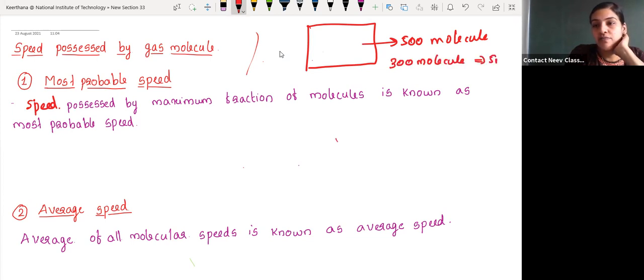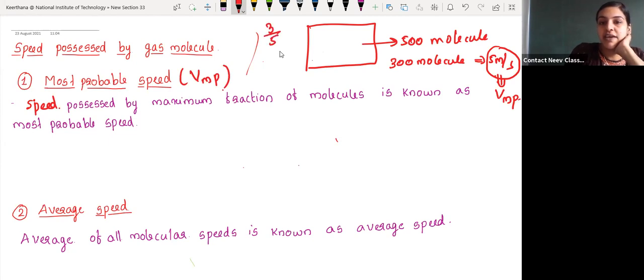Just take it as 5 meter per second. Then this 5 meter per second, we call this the most probable velocity or most probable speed. We'll denote this as VMP. Which means a fraction 3/5 of molecules have a velocity of 5 meter per second.